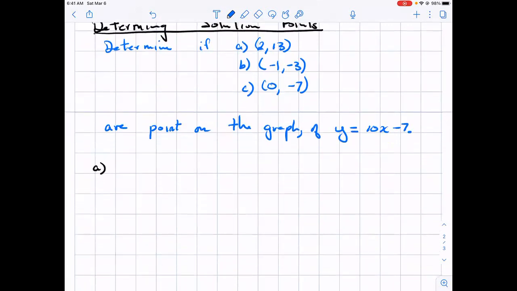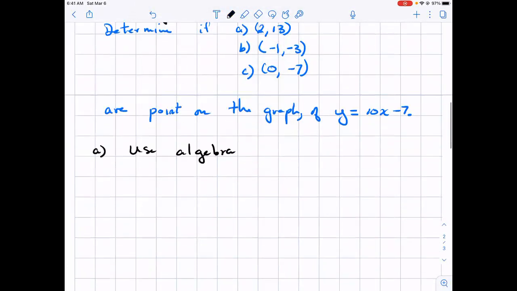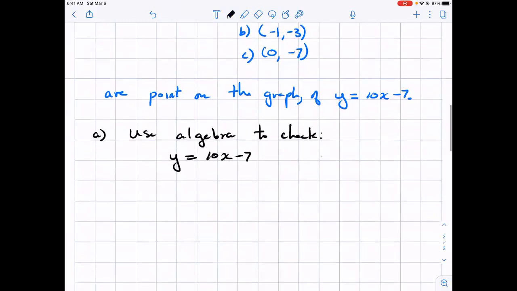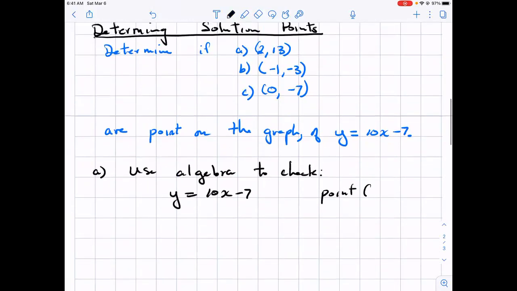So to do this, we will use algebra to check. We have y is equal to 10x minus 7, and the first point is 2, 13.